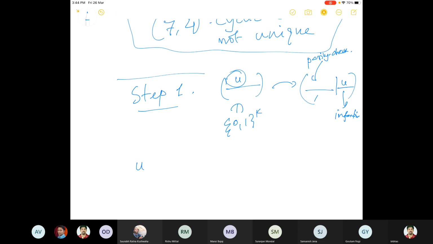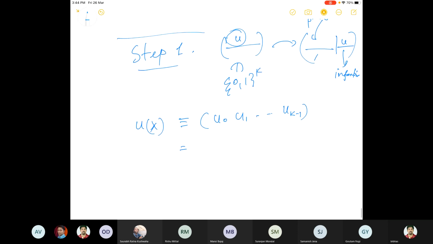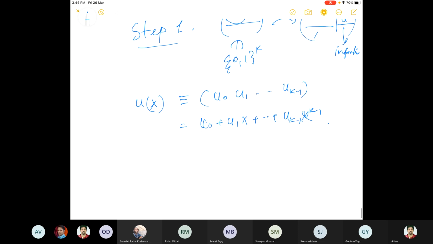If I give you u(x), given u means given u(x), which is u0, u1, ..., u_{k-1}. Then u(x) is equivalent to u0 + u1 x + ... + u_{k-1} x^{k-1}.